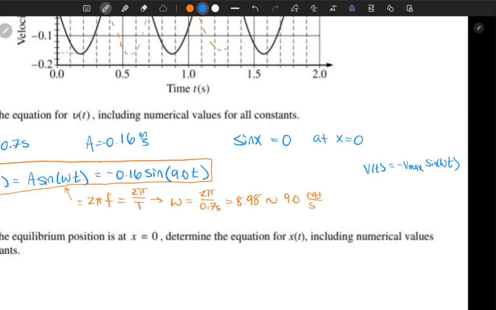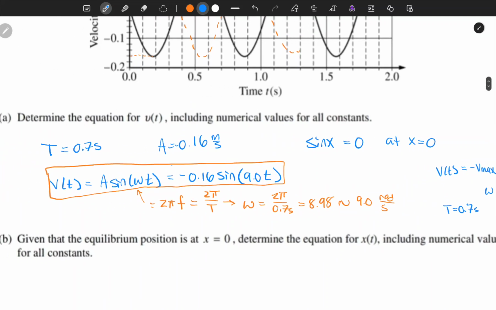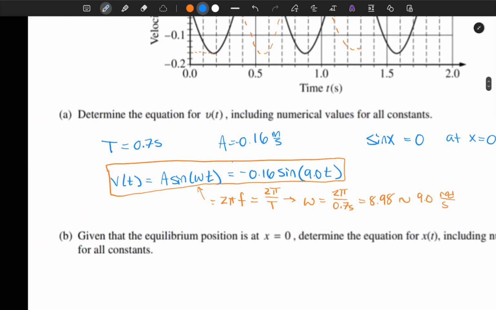Then you must use that omega is equal to 2 pi over T to get another point. And upon solving for omega using that T is equal to 0.7 seconds, for which you get another point, you get the final answer. Note, however, that you can also get full credit for this problem just by writing the final answer as given here.